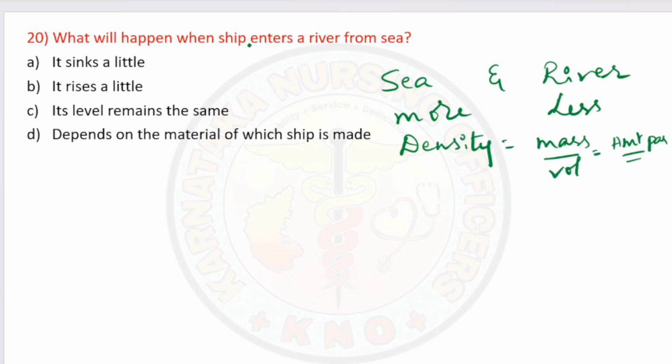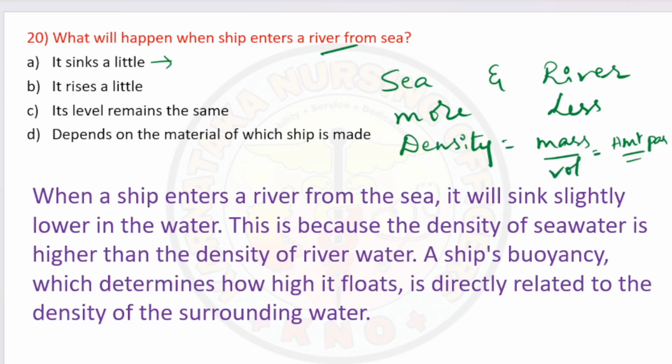Hence, whenever a ship enters a river from the sea, it sinks a little because of the low density of the river. So the correct answer is option A, it sinks a little. Look into the answer here. When a ship enters a river from the sea, it will sink slightly lower in the water.